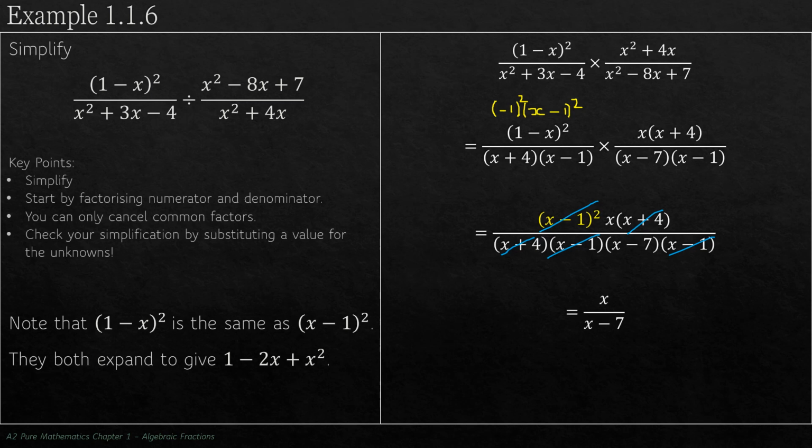If you substitute a number into x in this original question, it will need simplifying down to get the answer in its simplified form. If at this point you've left it as 1 minus x, when you substitute a number into here, you should recognise that you've still got a fraction that needs simplifying down. Now, if you've got a numerical value that needs simplifying, that means the algebraic fraction wasn't in its lowest term.